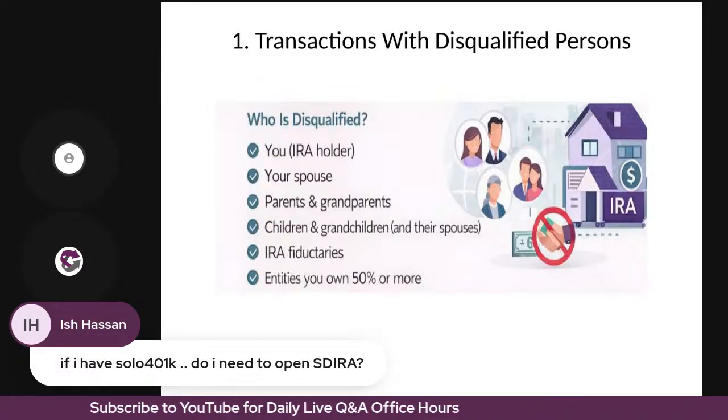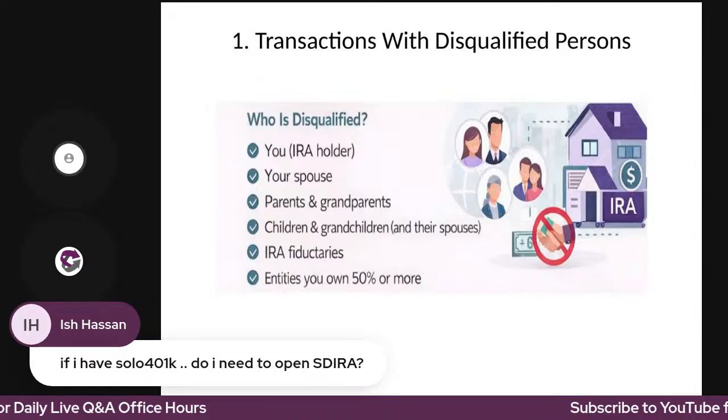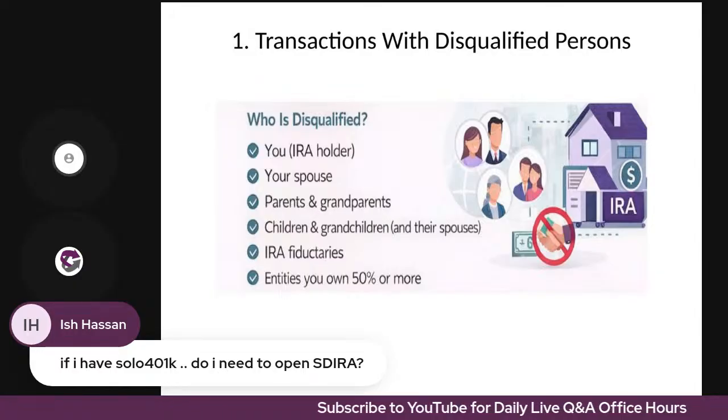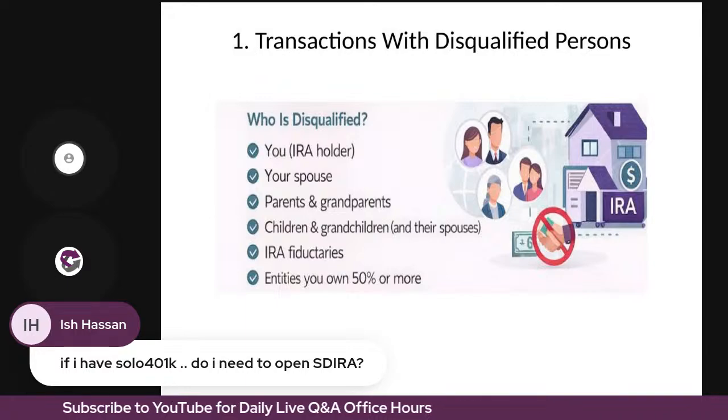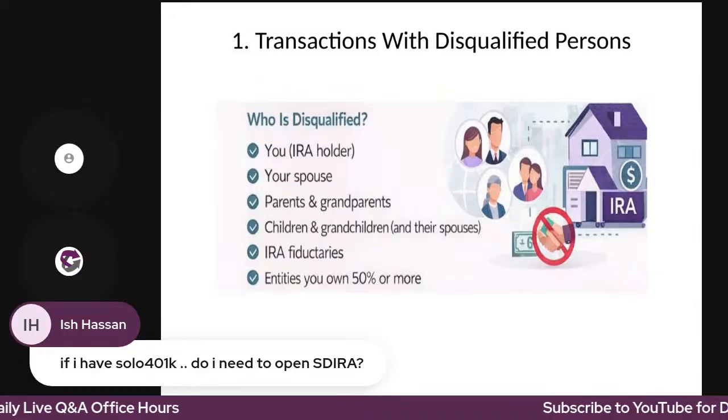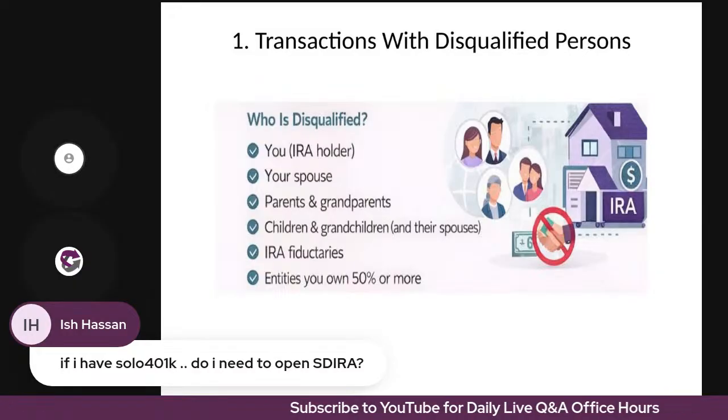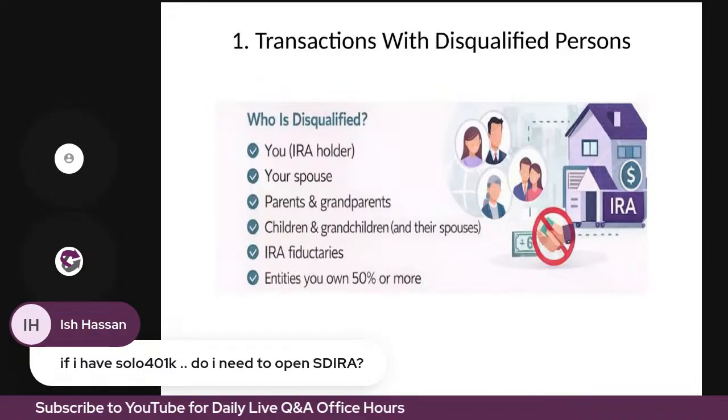Here's a question here. I have a solo 401k. Do I need to open a self-directed IRA? Typically, no. Most individuals prefer the self-directed solo 401k over the self-directed IRA for a number of reasons, and we'll cover that topic in future webinars. We've actually done a webinar on that topic, but it doesn't hurt to do a refresher.